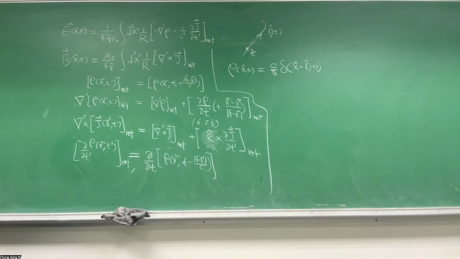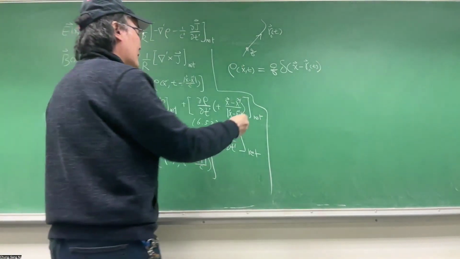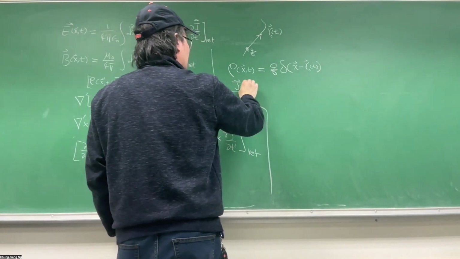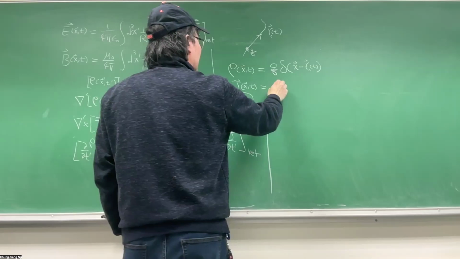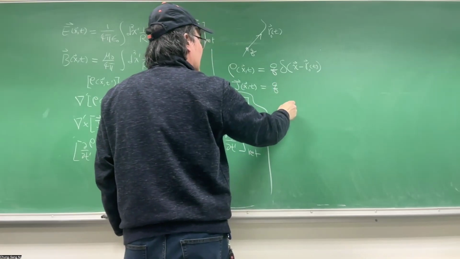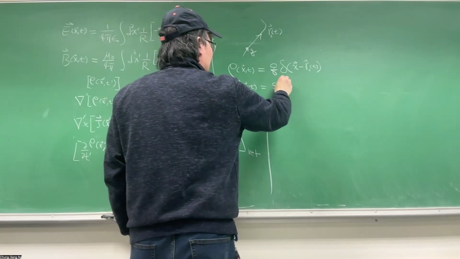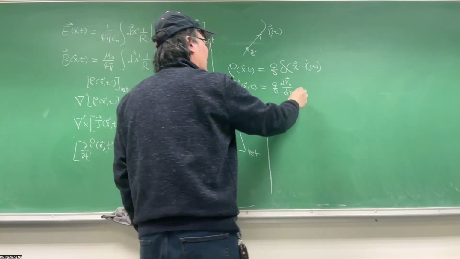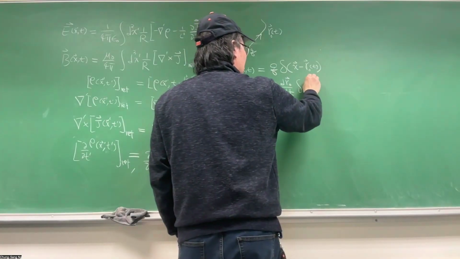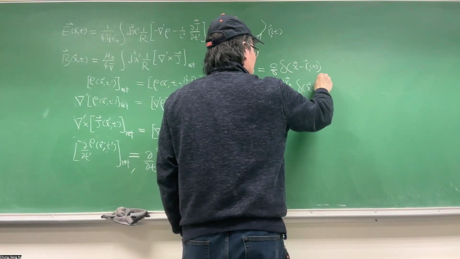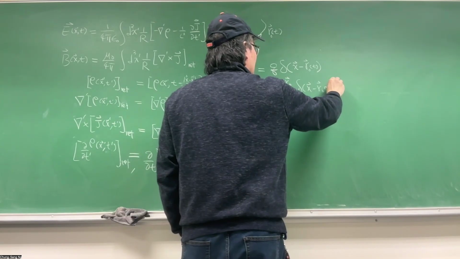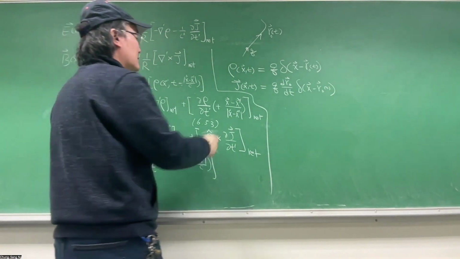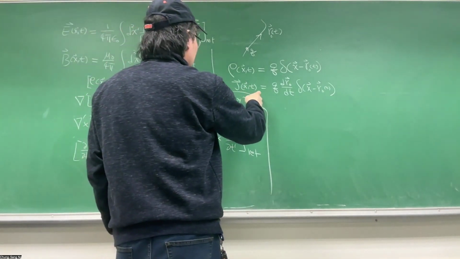So this is the charge density. And likewise, J, the current density, is simply q times the velocity, dR0/dt, at the same location, same delta function. Okay, so that is the rho and J.